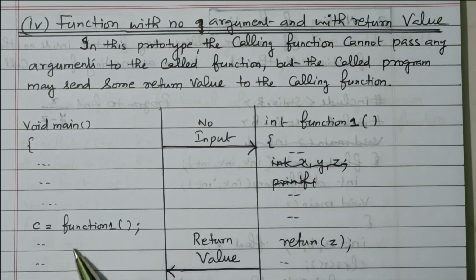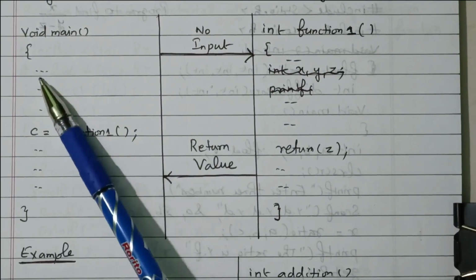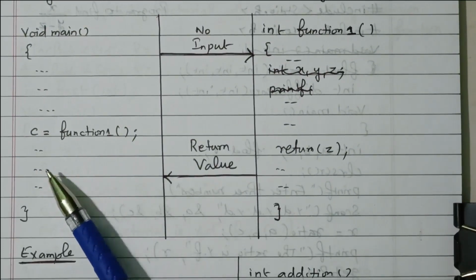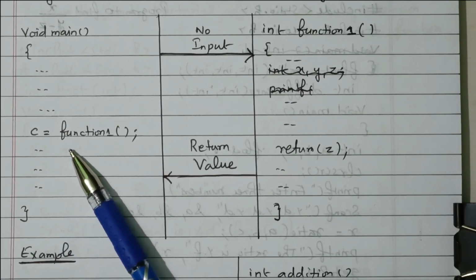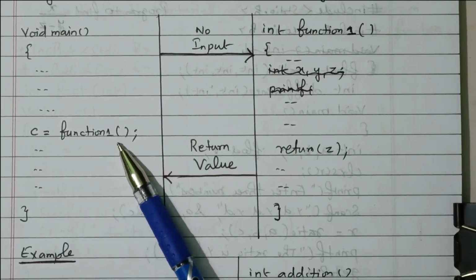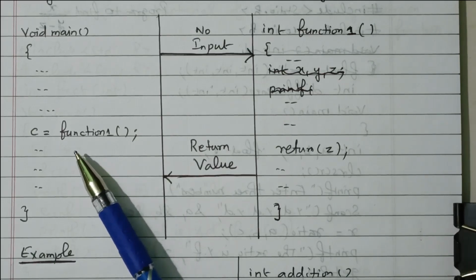So this is the main program. There is a set of instructions available in the main program. These lines indicate some set of instructions. In that we are calling this function: c = function1(). We are calling the function without any arguments because it comes under no argument. So this line indicates function calling.